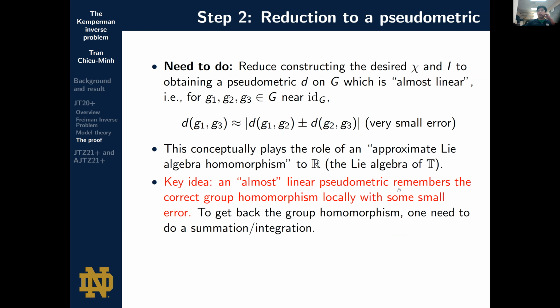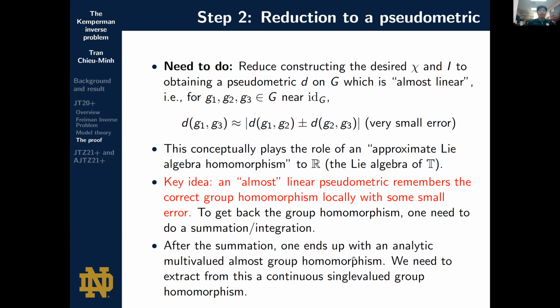This almost linear pseudometric, in some way, would remember the correct group morphism locally with some error, right? So to get back the full group morphism, one needs to do a certain kind of summation or integration altogether. Except that after one does that, one ends up with an analytic multi-valued almost group morphism.